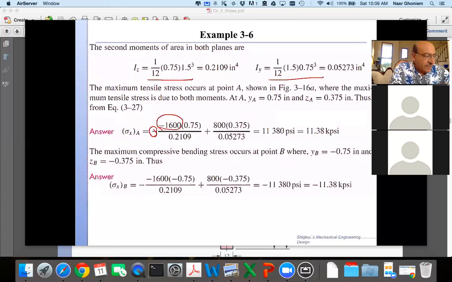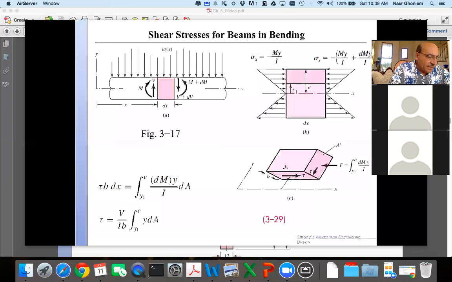The main point I wanted to mention here is that we would have to have a net minus here and a plus here to give us the total. And then we would have a tensile stress at point A and compressive stress at point B. So that's the first comment that I have on this type of calculation.